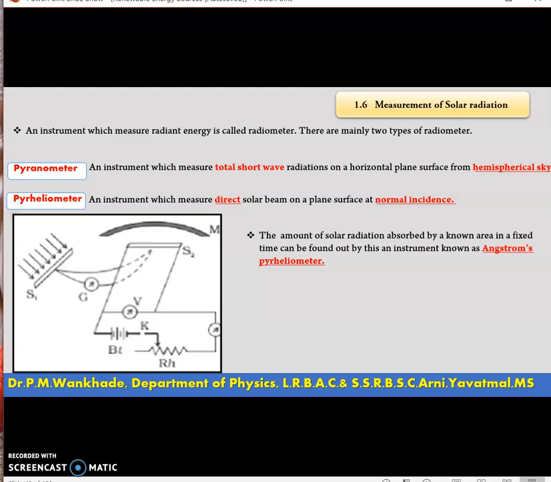There are two important types of instrument to measure solar radiation: pyranometer, an instrument which measures total short wave radiations on a horizontal plane surface from the hemispherical sky, and second one is pyrheliometer, an instrument which measures direct solar beam on a plane surface at normal incidence.